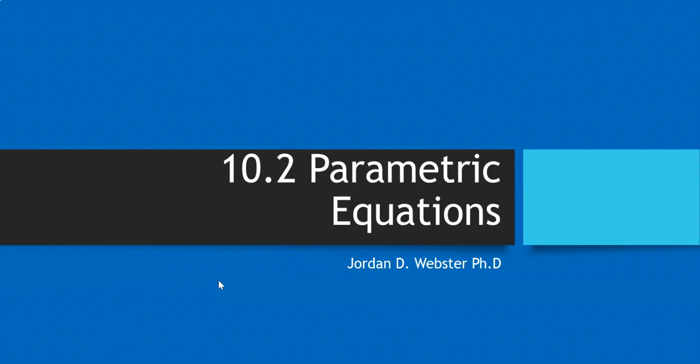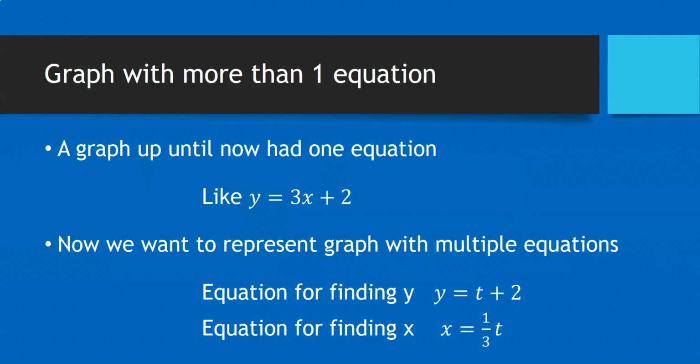All right, in section 10.2, we're going to talk about parametric equations and parametric curves as well. So the idea behind this section is that previously we've talked about a graph having a single equation, something like y equals 3x plus 2.